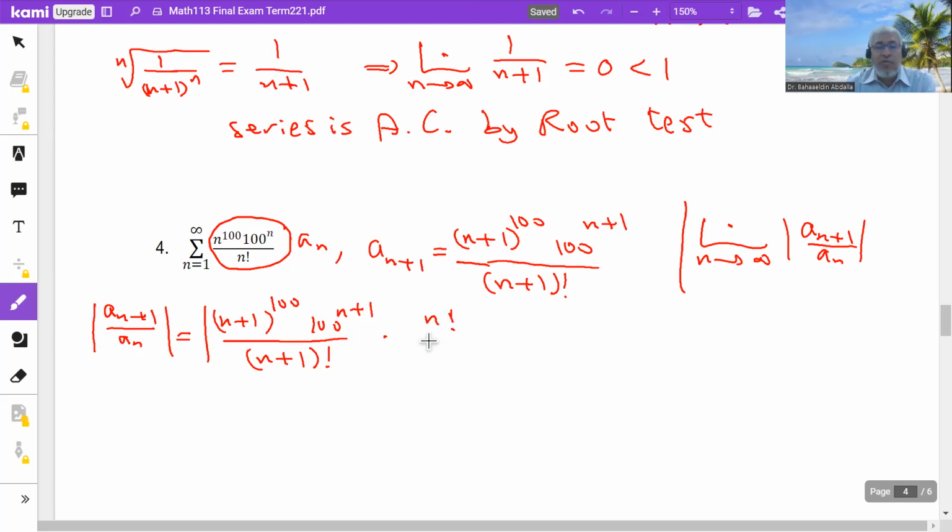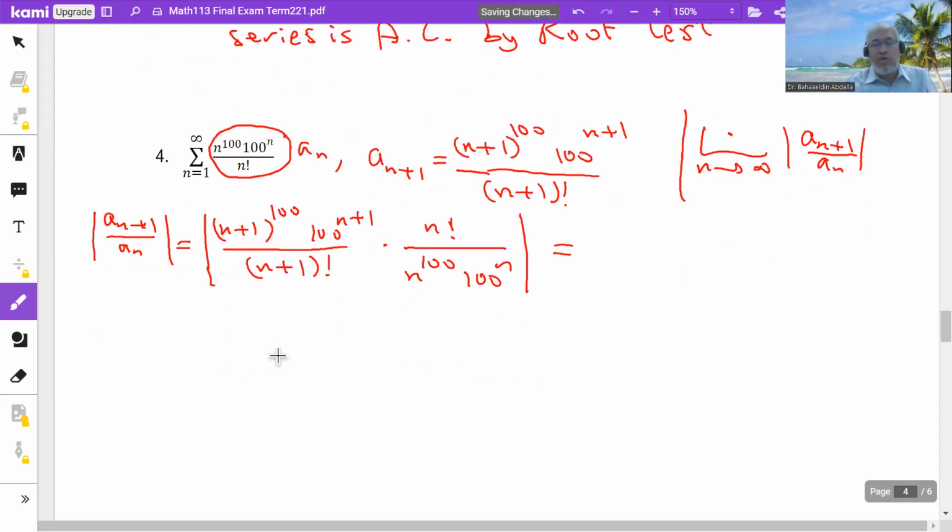So it would be n factorial in the numerator, and here I'll have n to the power 100 times 100 to the power n. All the variables are positive, so there is no need for the absolute value. Now notice I have n plus 1 over n to the power 100. I cannot simplify here. But I have 100 to the power n plus 1 over 100 to the power n.